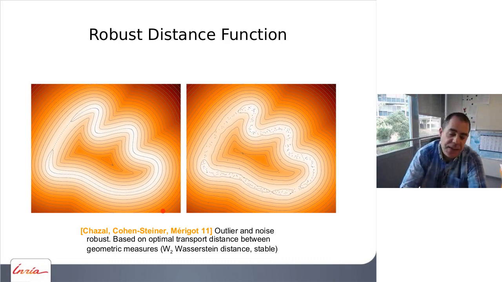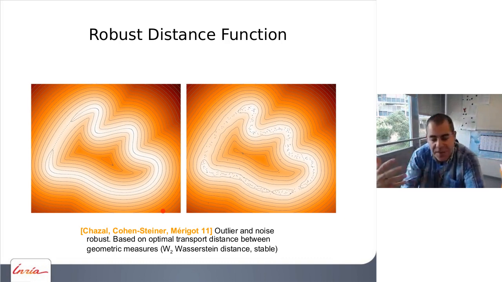Based on that optimal transport notion and the Wasserstein distance, Chazal and co-authors were able to compute from a point set an unsigned distance function that is robust to outliers and noise, namely such that you see these outliers here, this dot, far away from the inferred curve here.